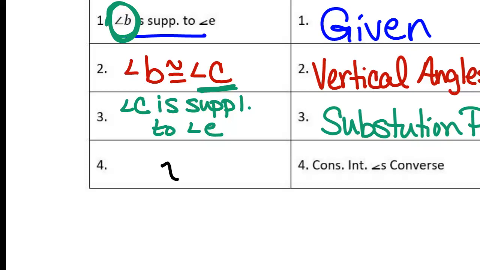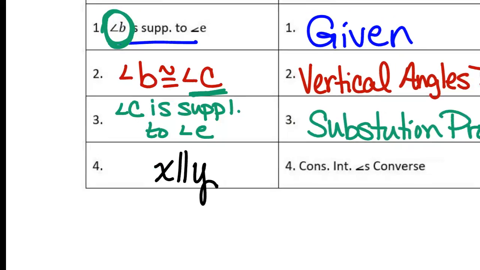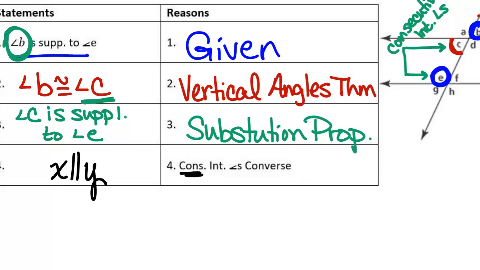X and Y. Line X is parallel to line Y by my consecutive interior angles converse. And it's a converse because I just made the statement about lines being parallel. If I'm trying to justify why I'm allowed to say lines are parallel and it's not given, my reason is going to be a converse.